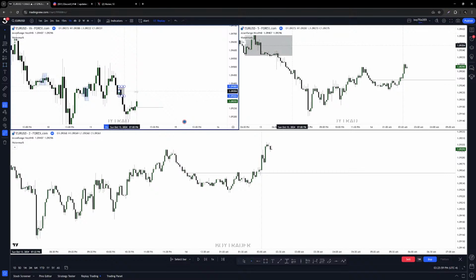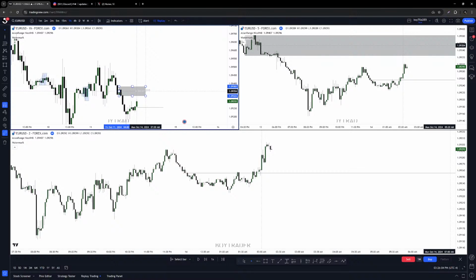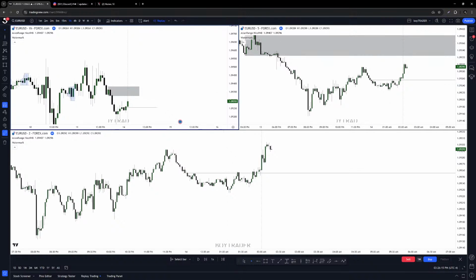This is what ICT classifies as a breaker block. So we're going to say above him.